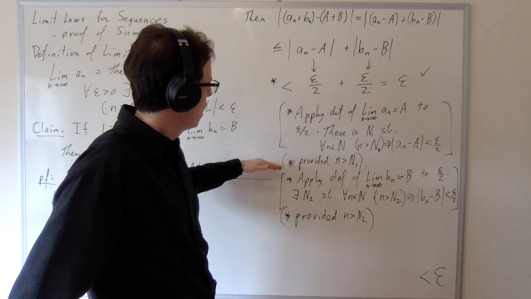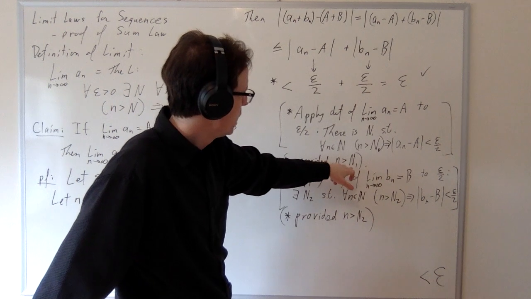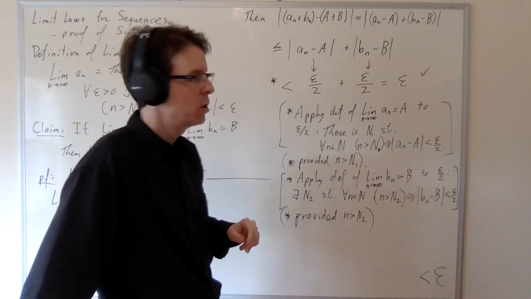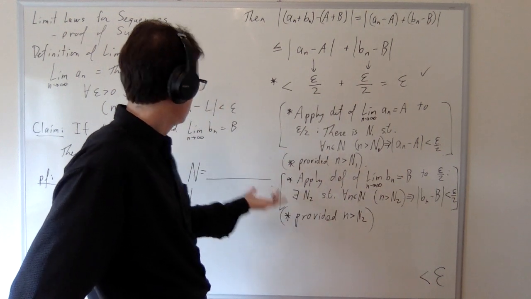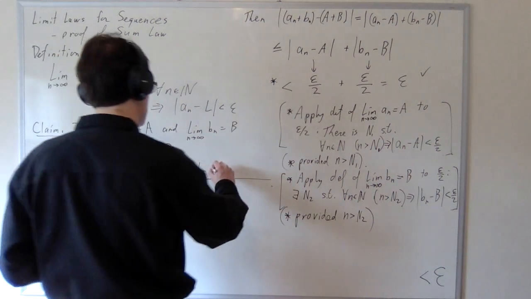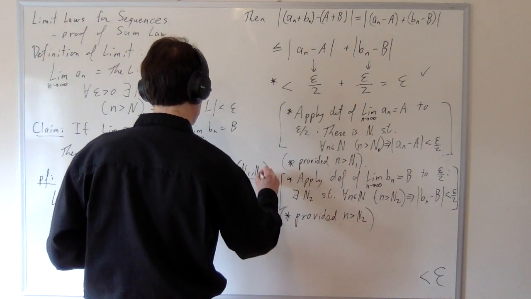So here, this step is only going to be true provided that little n is greater than n1 and provided that little n is greater than n2. And in order to guarantee that it is greater than both of those, the natural thing to do is to choose cap n to be the max of n1 and n2.